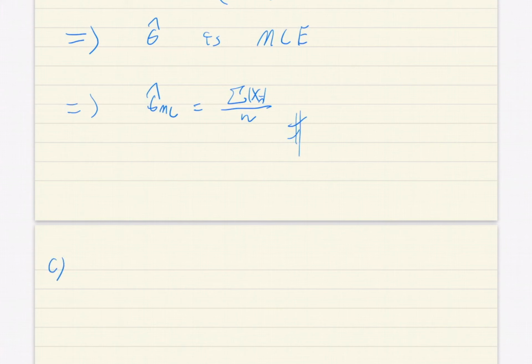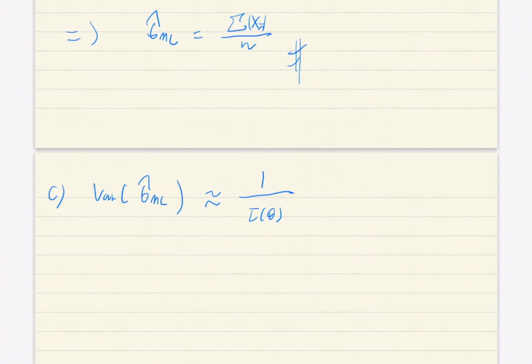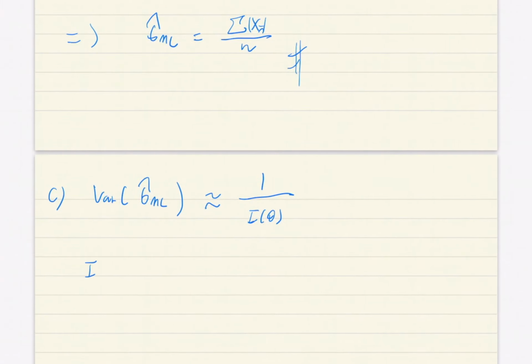So the next one is to find the asymptotic variance of the MLE. So we always have to do this. The variance of this can be approximated by 1 over the Fisher information. The I of theta is one over n times the negative of the second derivative of the log likelihood function.